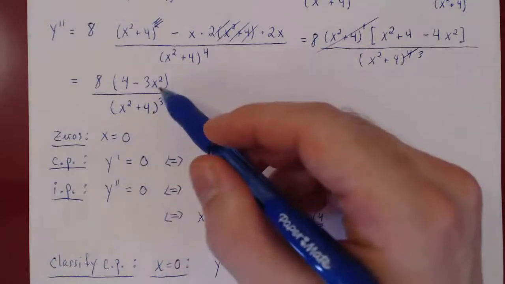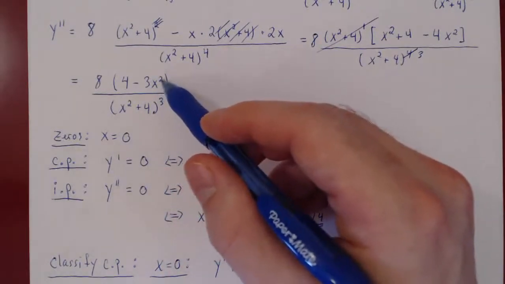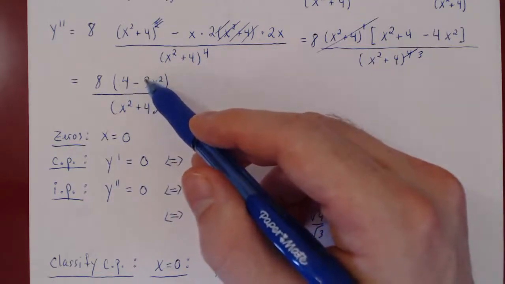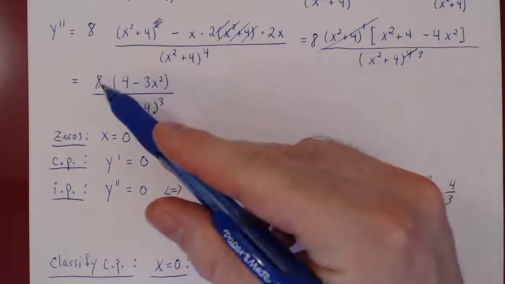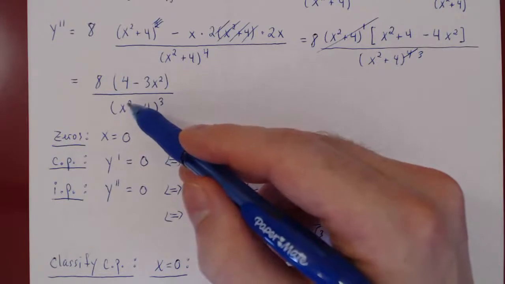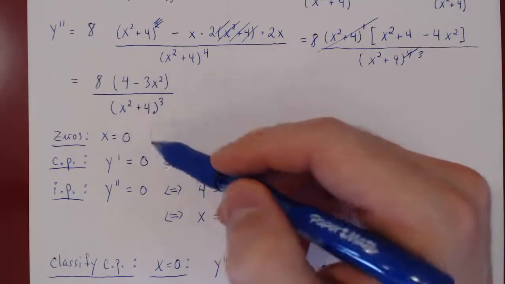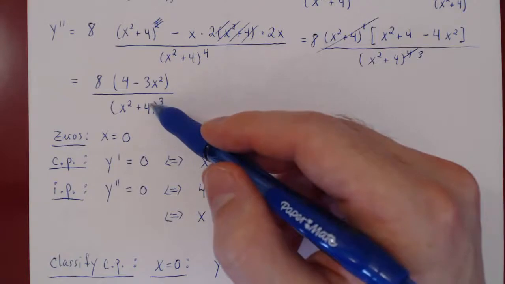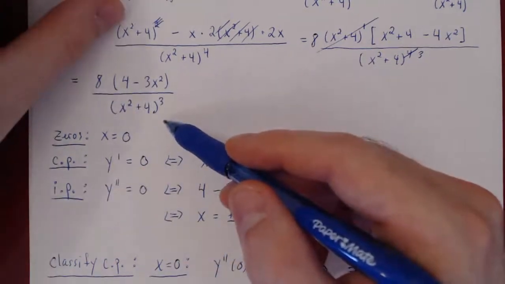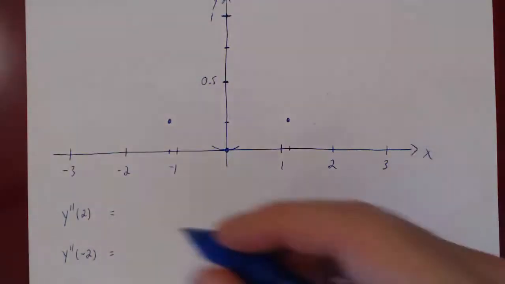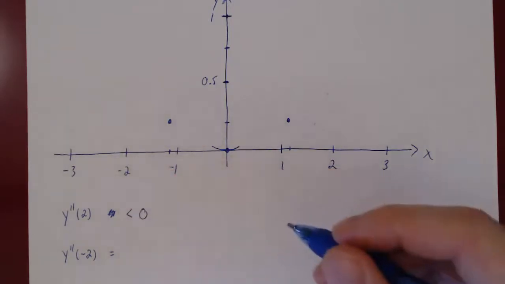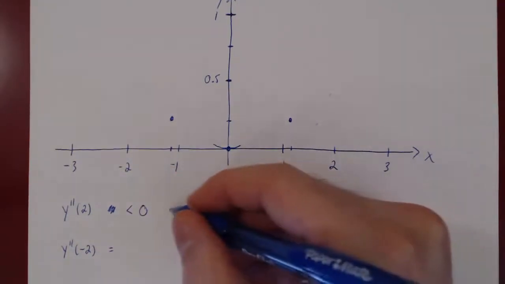So if you plug in x equals 2, 2 squared is 4, 4 times 3 is 12, 4 minus 12, negative 8, times 8, negative 64, over 2 squared is 4 plus 4, 8, 8 cubed is a positive number, and you see that we have a negative over a positive, so at 2, the second derivative is negative. So let's forget the value. It is negative. Therefore, at 2, the curve is concave down.